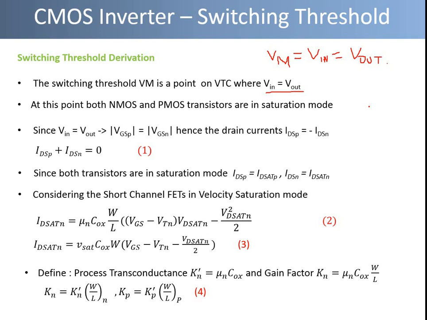Now as both N and PMOS transistors are in saturation mode, they can be represented as ideal current sources. So we can represent the inverter as a connection of two opposite current sources like this.